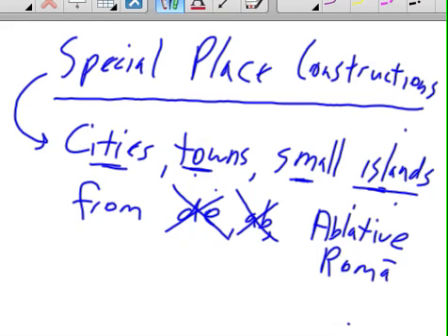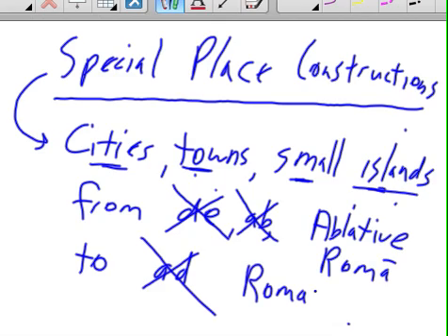If I want to say to Rome, I'm not going to use the preposition ad. Boom. No need. I would simply take the word Roma and put it in the accusative and end up with Romam. Right? That's clearly an accusative. Okay?